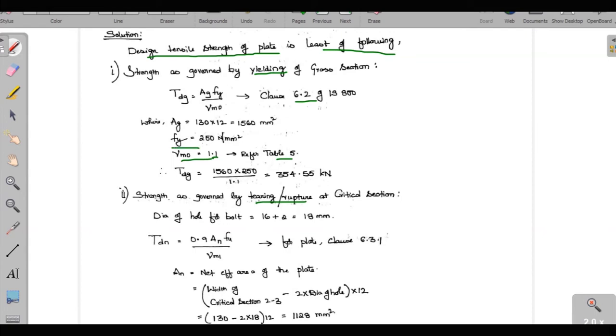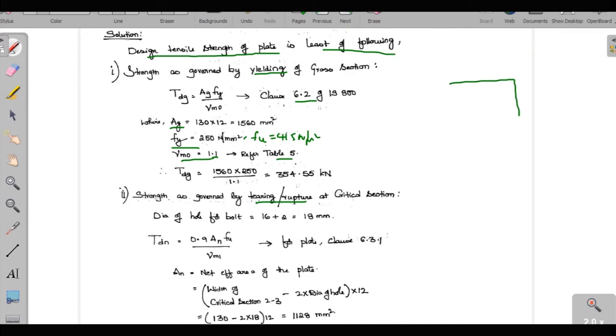Since the grade of steel is Fe415, yield strength would be 250, ultimate strength Fu will be 415 Newton per mm square. And what is the Ag? Ag is the gross cross-sectional area.